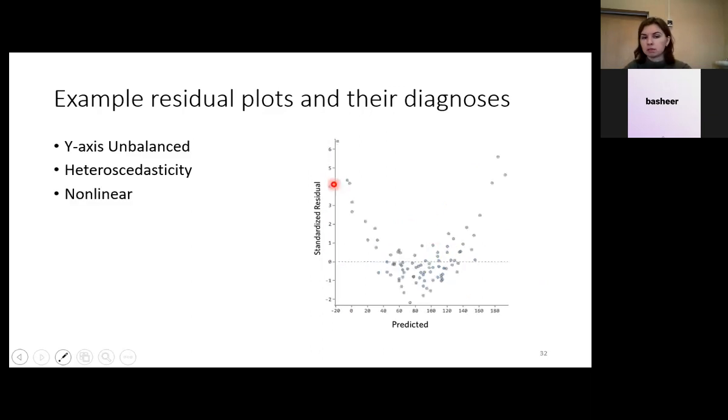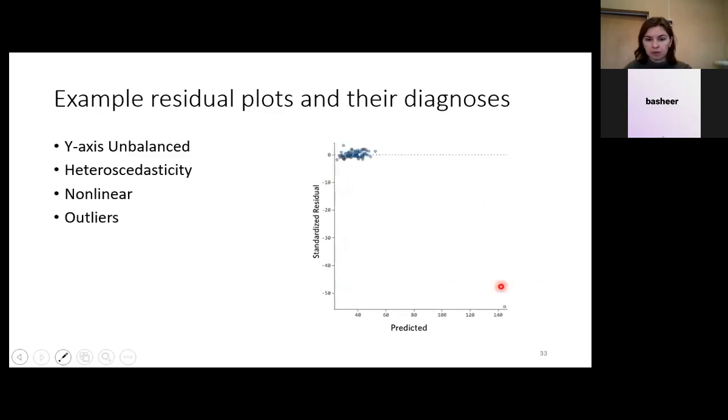We have a non-linear pattern inside there. We also have, again, outliers in the residuals. Maybe we have problems with our data, not only with the model. Maybe we need to return to the data set and look at this object. Maybe we have some problem here and we need to change it.